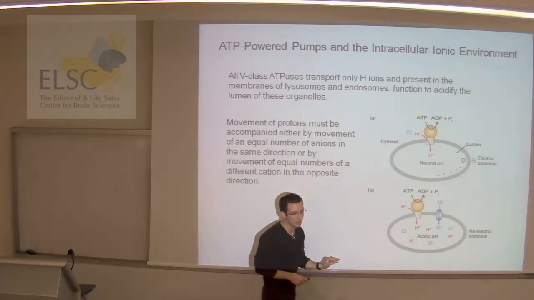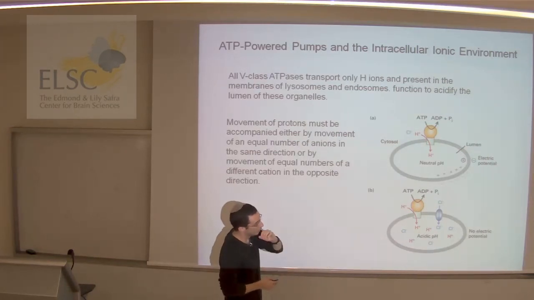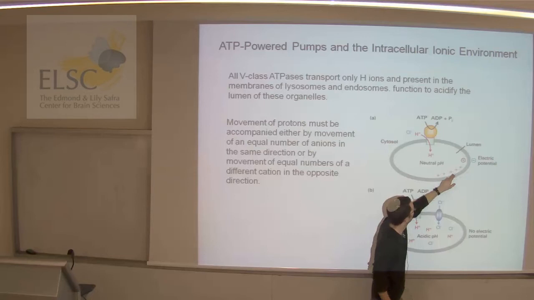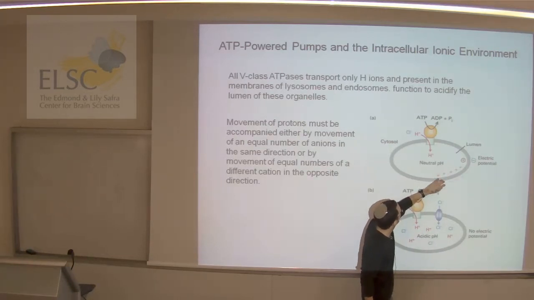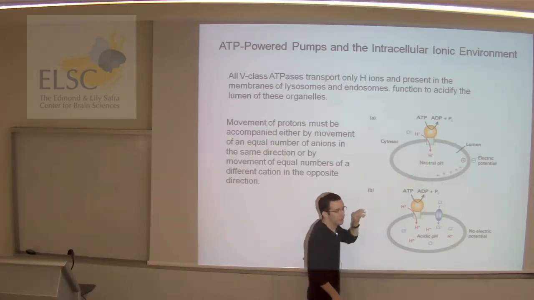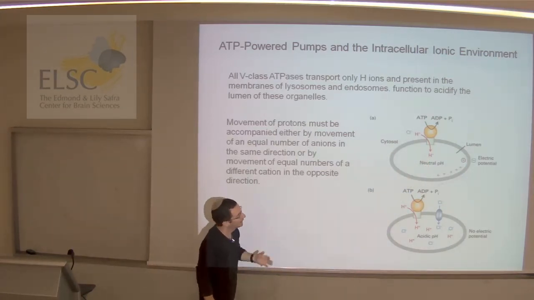What would happen if there were an electric potential? Well, this electric potential is a force that opposes any additional transport of protons inside the endosome. Each ion really feels 2 forces, right?